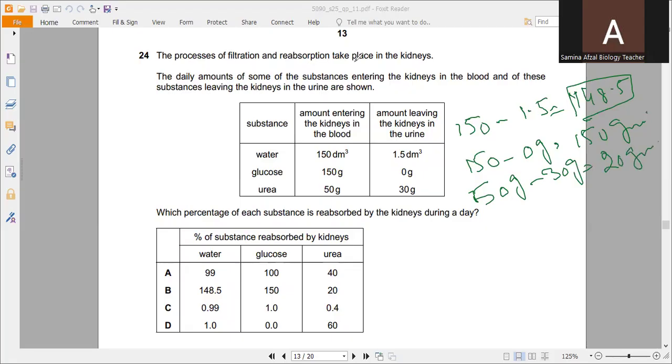So we go with these three answers: 148.5, 150 and 20. So B is the correct option. A, C and D are not the correct values.